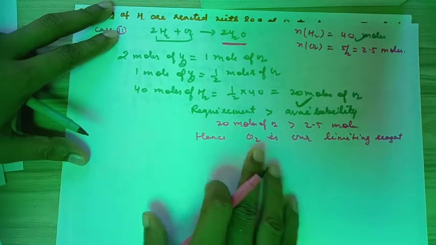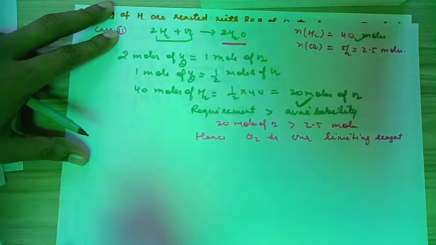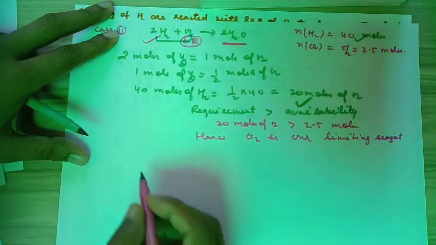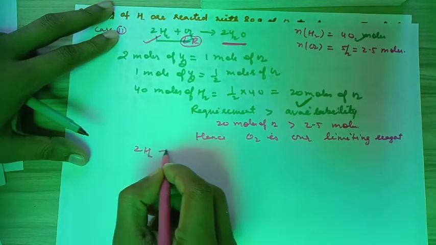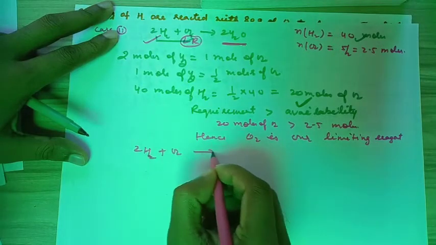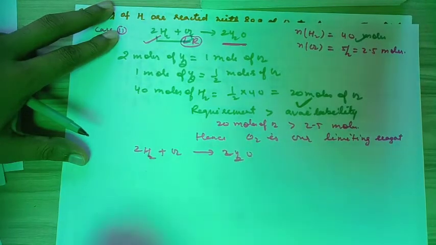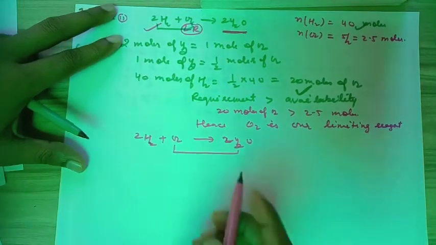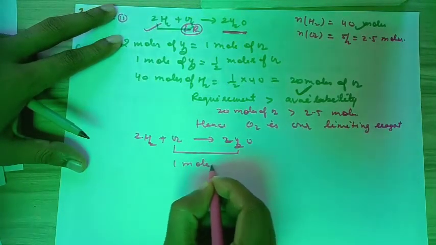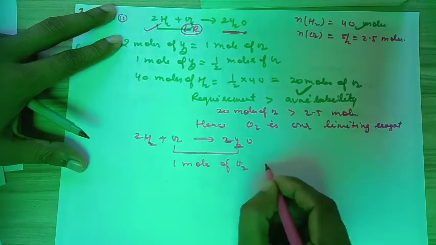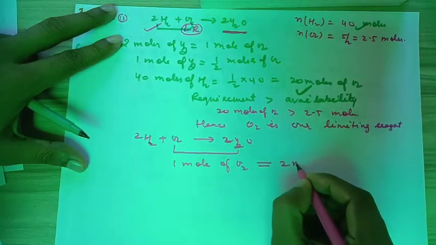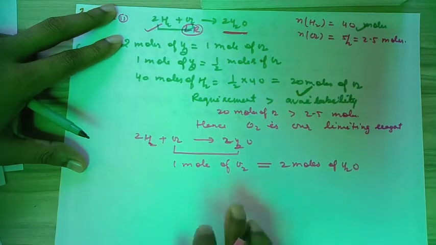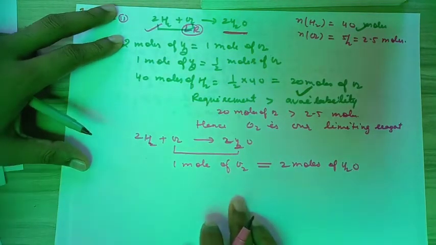I will be finding the amount of S2O. So now O2 is our LR. Now we have to use the above equation, that is 2S2 plus O2 to give 2S2O. Now O2 is LR, so we have to compare these two. Now we can say that 1 mole of O2 gives us 2 moles of S2O. Now we have to obtain it from how many moles?